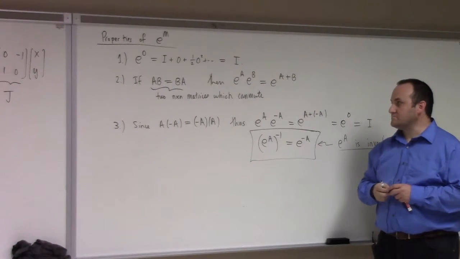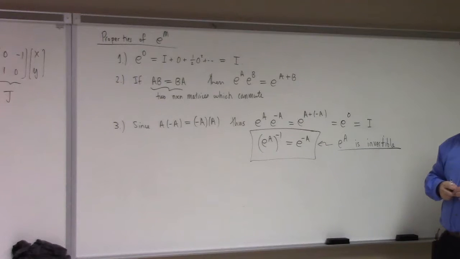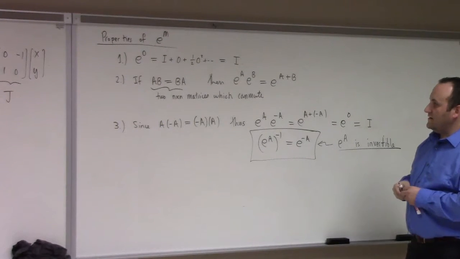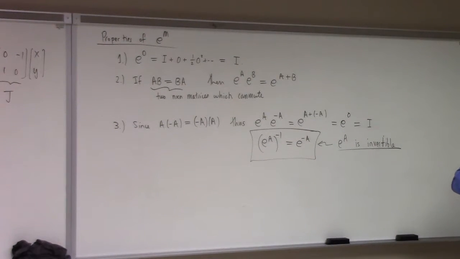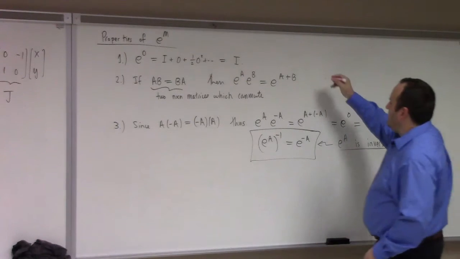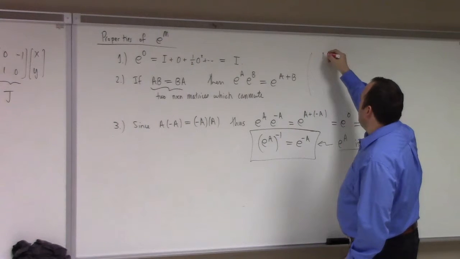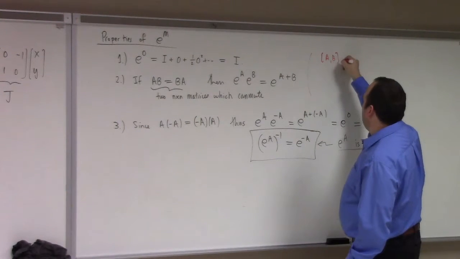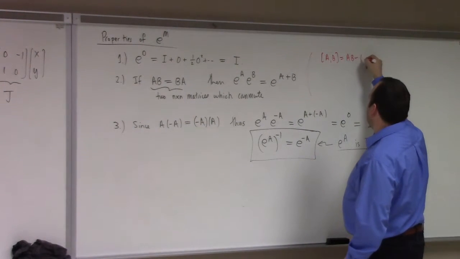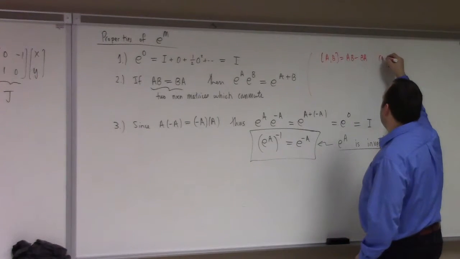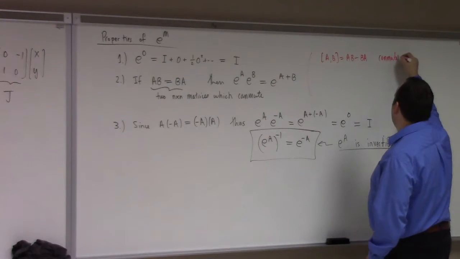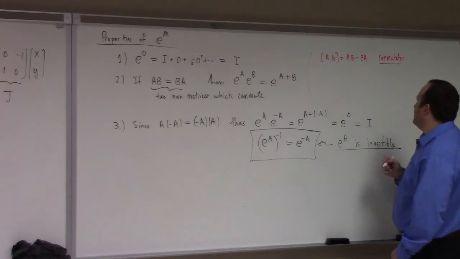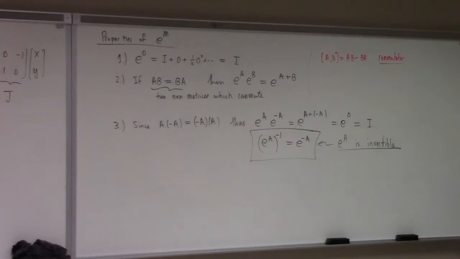Okay. By the way, number 2 is not an entirely easy thing. It's not that hard to prove, but it is a short calculation to really show that. And it's interesting if you let [A,B] equal AB minus BA, this is called the commutator. So if that's 0, that says the matrices commute, right?